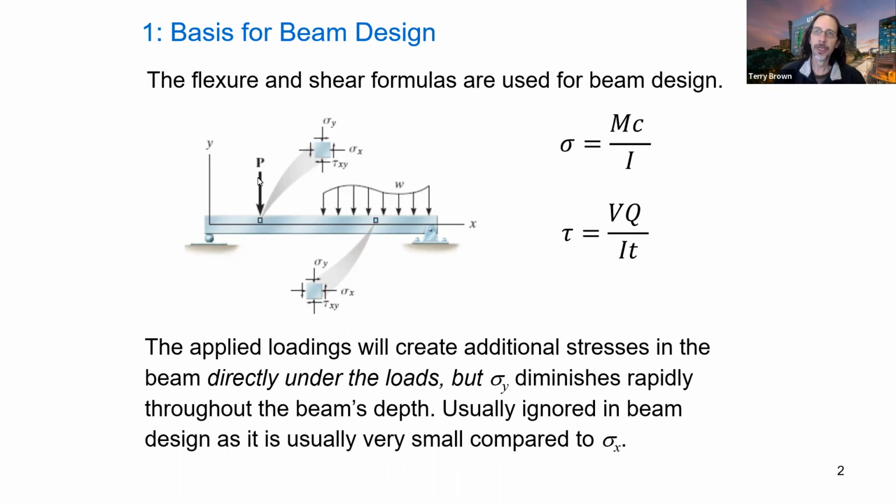So as part of your future development as engineers, you need to think about, well, if I have a beam like the paddle pop stick here and I push down in the middle with my finger, right, that load is distributed over the area of contact between my finger and the beam.